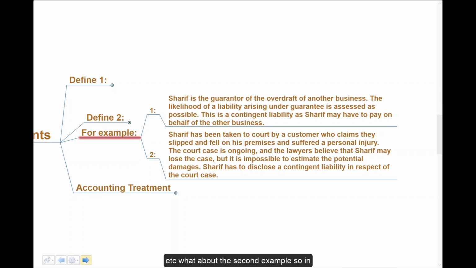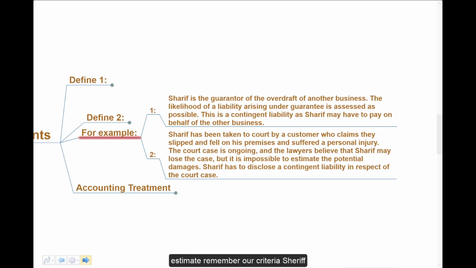What about the second example? So, in this case, Sheriff has been taken to court by a customer who claims they slipped and fell on his premises and suffered a personal injury. So, court case ongoing. The lawyer, note, believes that Sheriff may lose the case, but it is impossible to estimate the potential damages.